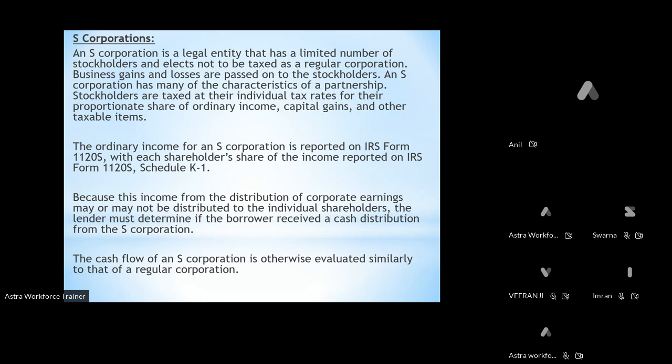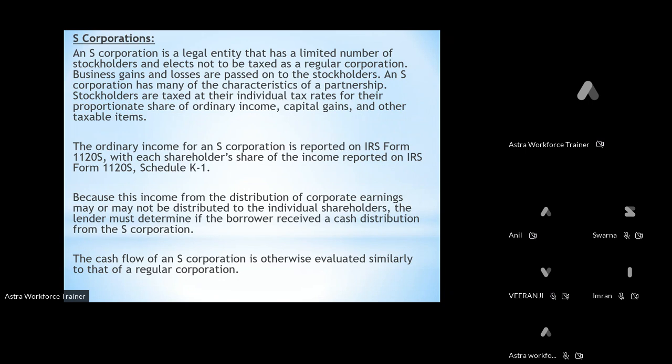The ordinary income for S corporation is reported on IRS Form 1120S, with each stockholder's share of the income reported on IRS Form 1120S, Schedule K-1. Because income from the distribution of corporate earnings may or may not be distributed to the individual shareholders, the lender must determine if the borrower received a cash distribution from the S corporation. The cash flow of an S corporation is otherwise evaluated similarly to that of a regular corporation.